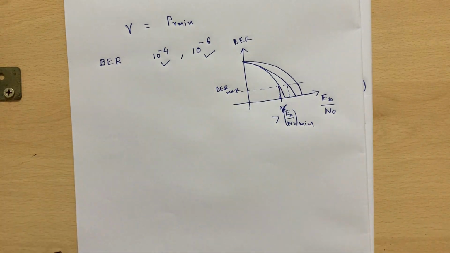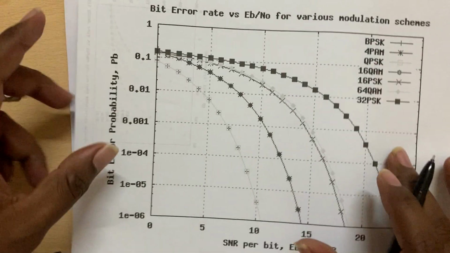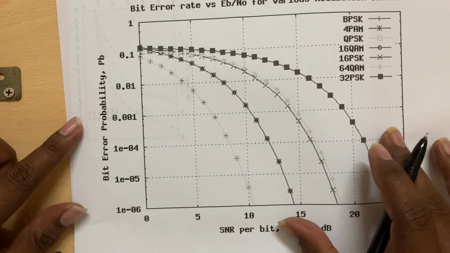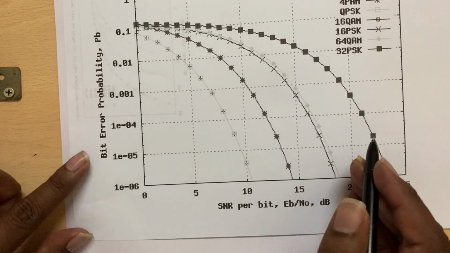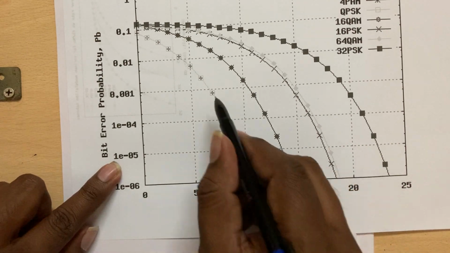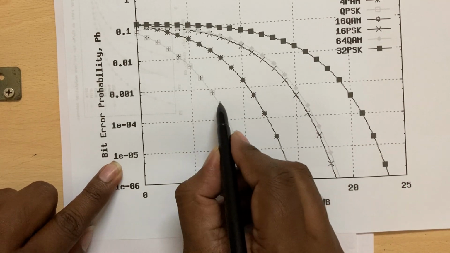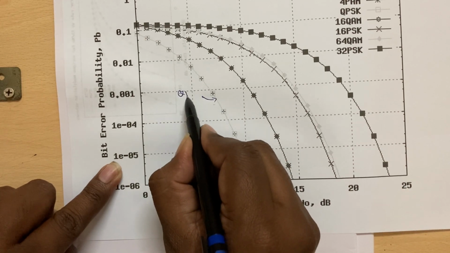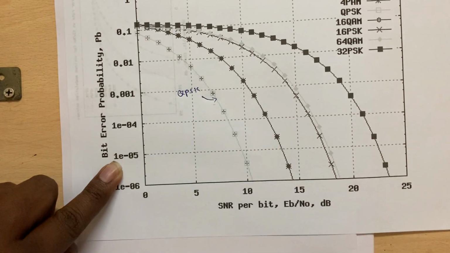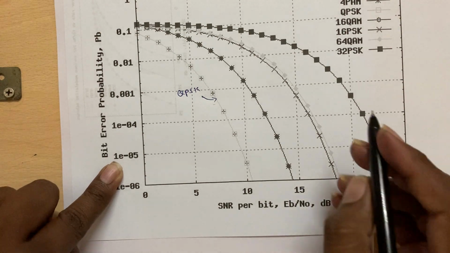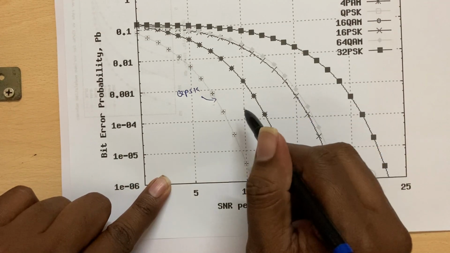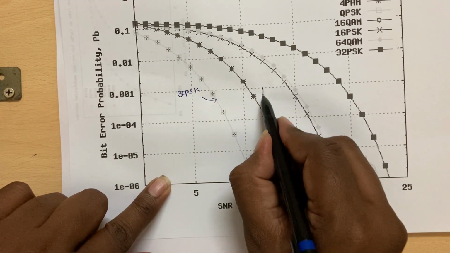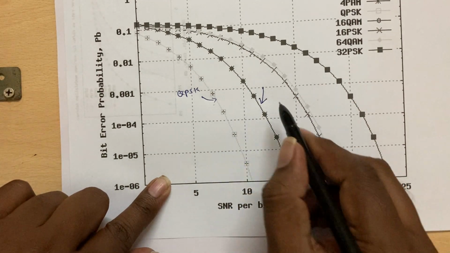For example, say we need 10 power minus 4. The first line is for QPSK modulation, you get bit error rate versus EB by N naught. This is QPSK, and similarly this is 16 QAM.